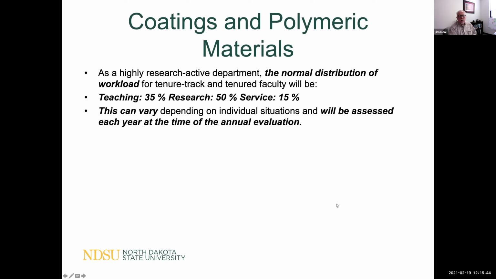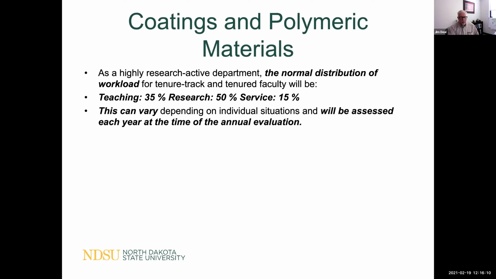All right, coatings and polymeric materials. Again, a little different from either of the ones we've seen. What we're looking at here is a normal distribution of workload for tenure line faculty: 35% teaching, 50% research, and 15% service. And again, the third bullet point here I think is really important. This can vary depending on individual situations and will be assessed each year at the time of annual evaluation.